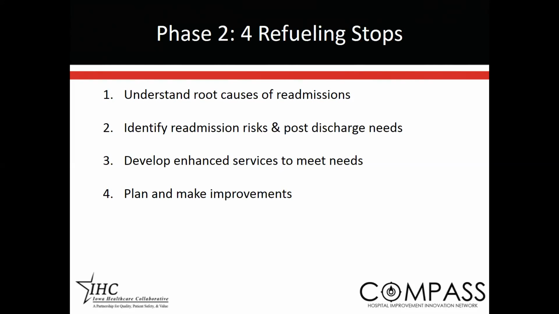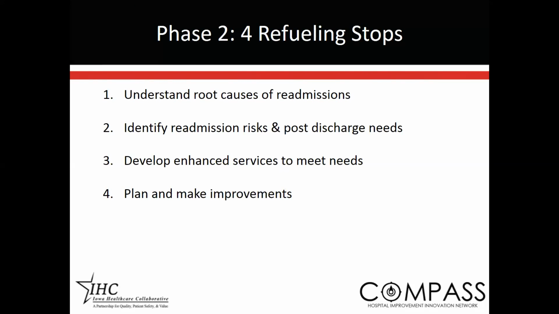Number 3, once we understand root causes of readmissions, and once we understand what the readmission risk factors and post-discharge needs are, then what are we going to do about it? Now, this is a section where I really want to emphasize the importance of connecting our interventions or our services to the root causes.